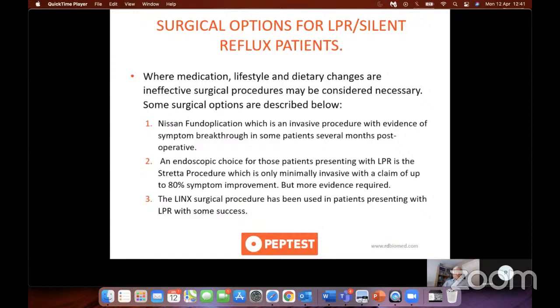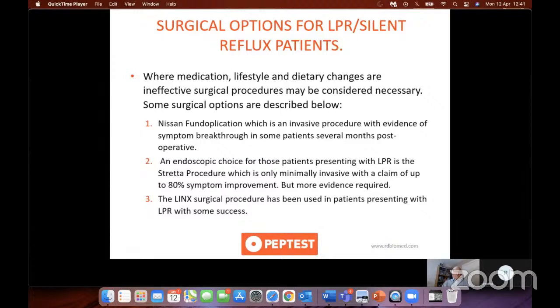One of the issues with this is that some patients will have breakthrough symptoms after 12 to 24 months. And in fact, PEP test has been used to measure pepsin levels in patients who do have symptoms after a 12 to 24 month period.